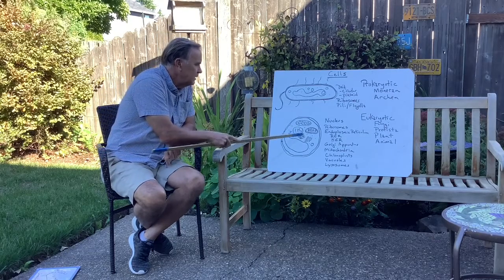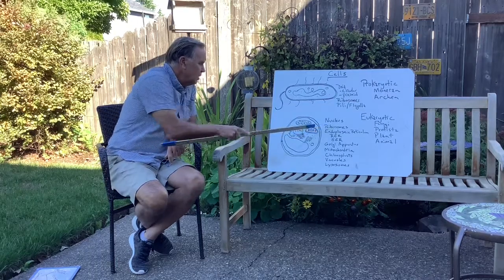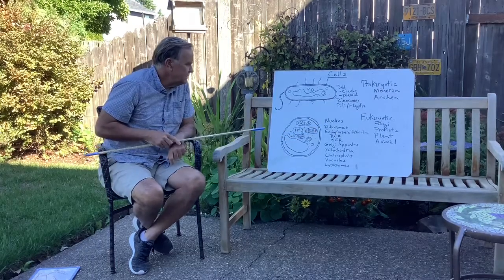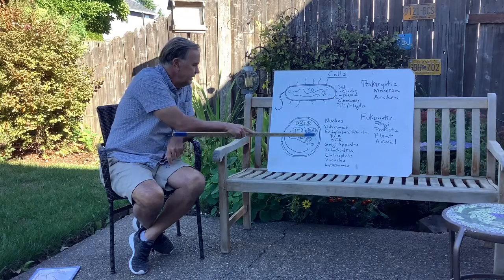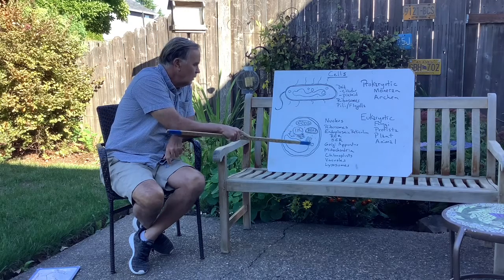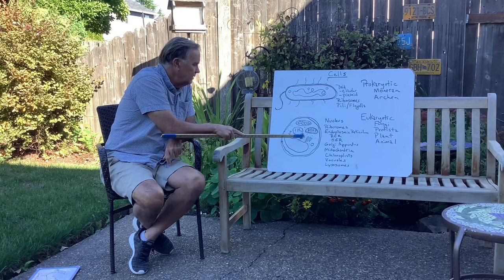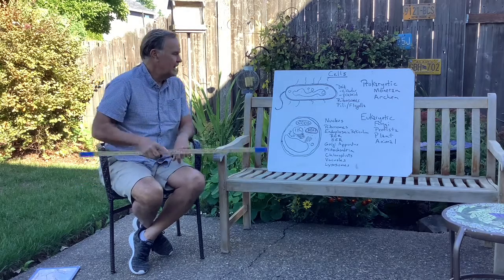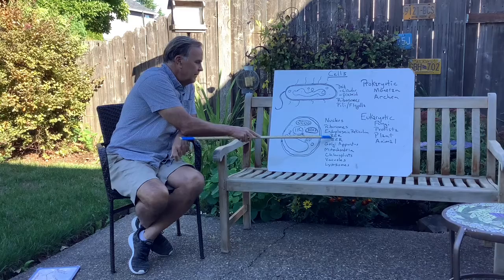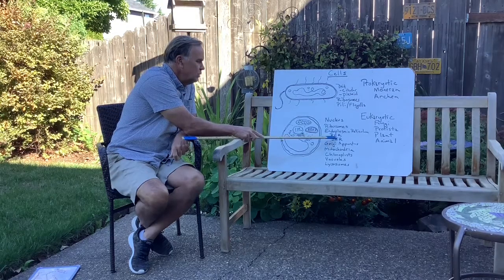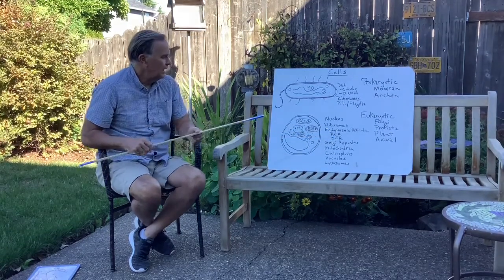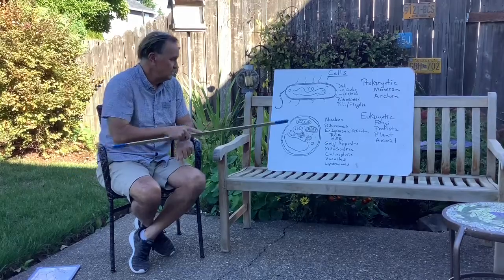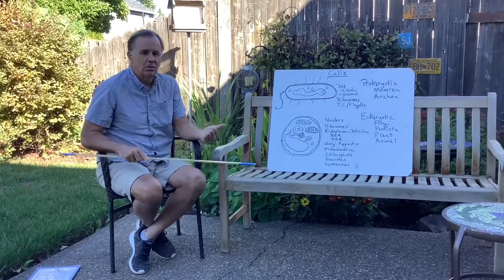And then we have these ribosomes, which are the site of protein synthesis. The ribosomes can be free in the cytoplasm, or they can be on the endoplasmic reticulum. So let's move to the endoplasmic reticulum. It can either be rough or smooth. Rough endoplasmic reticulum has ribosomes on it, so that's where proteins are made.